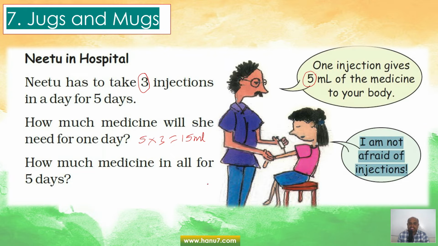How much medicine in all for 5 days? For each day we came to know that it is 15 ml.